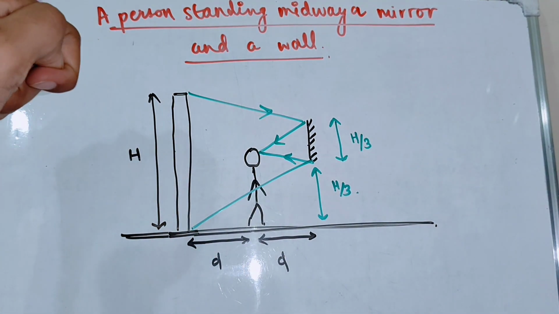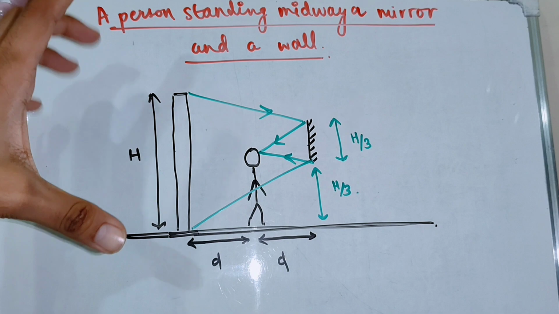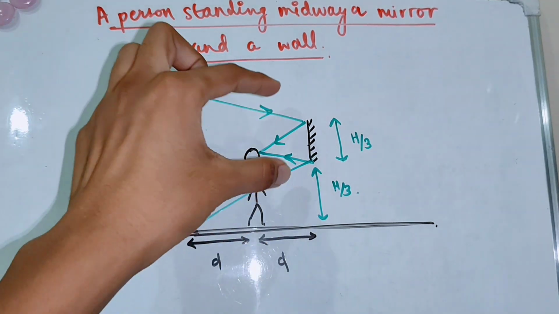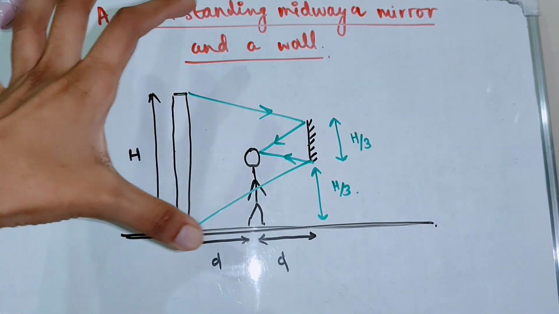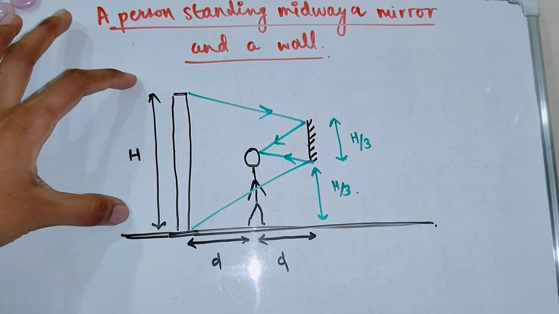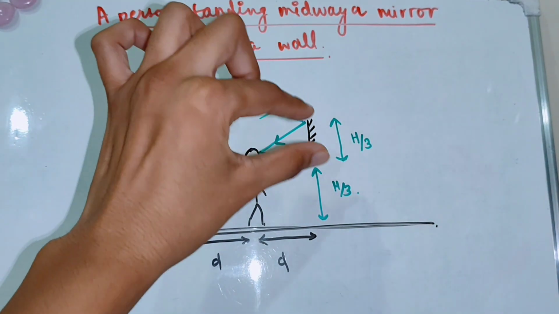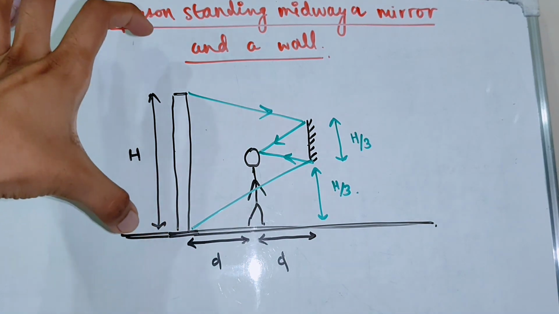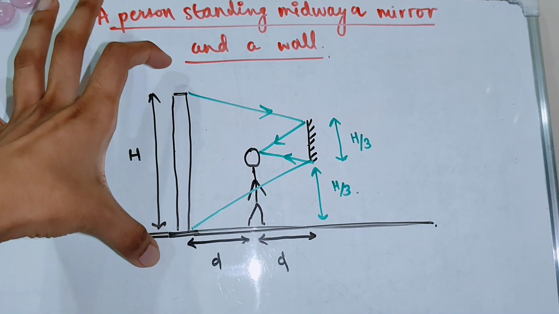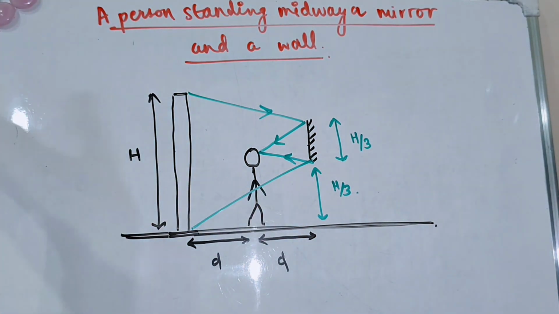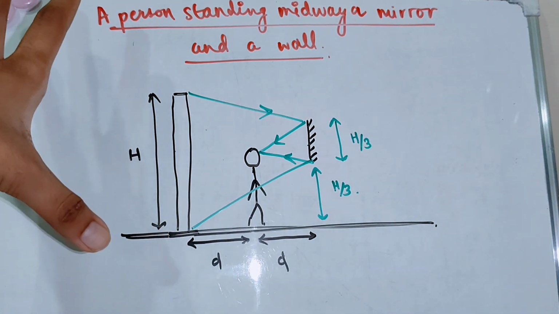So where should the mirror be? Interestingly, if you take the mirror whose length will be one third of the length of the wall and which will be kept at a height one third the height of the wall, then you will be able to see the image of the whole wall.